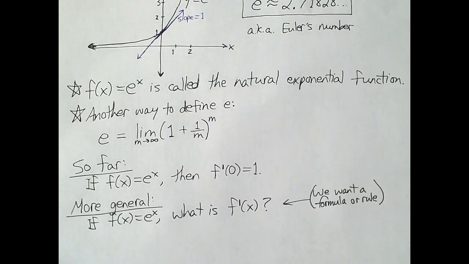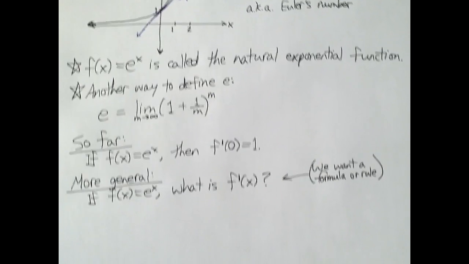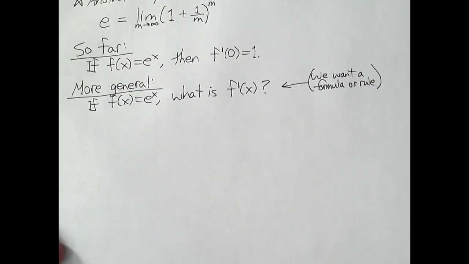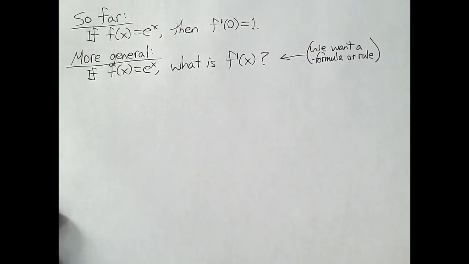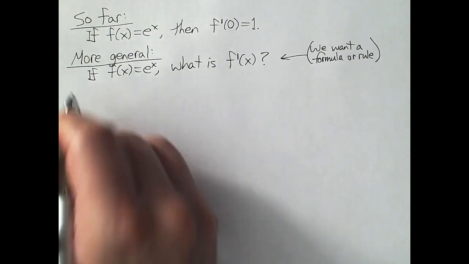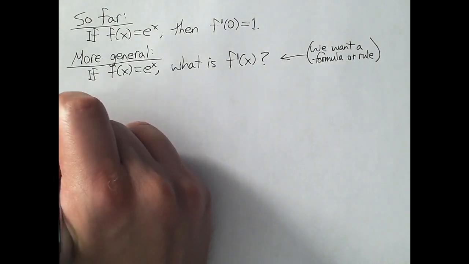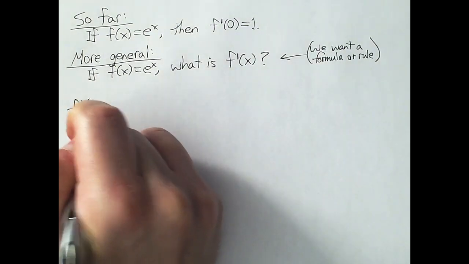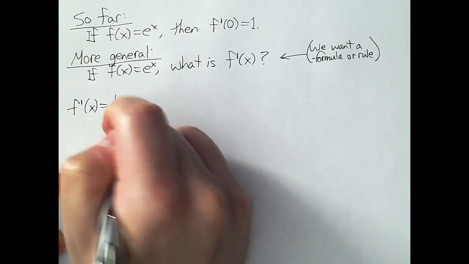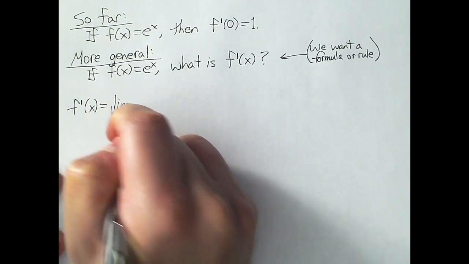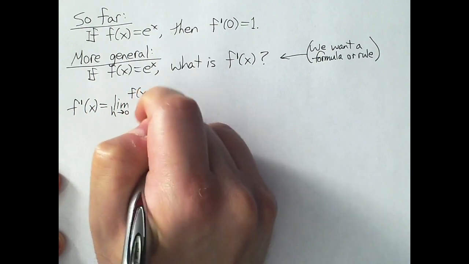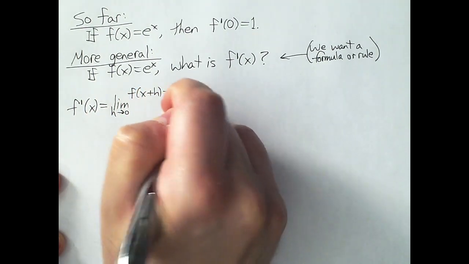Okay, so here's what we're going to do. Because this is a different type of function, I don't think we can use our polynomial shortcuts or anything like that. We could always go back to the definition of the derivative, right? The limit as h goes to 0, f of x plus h minus f of x over h.